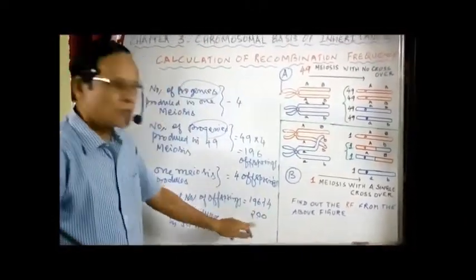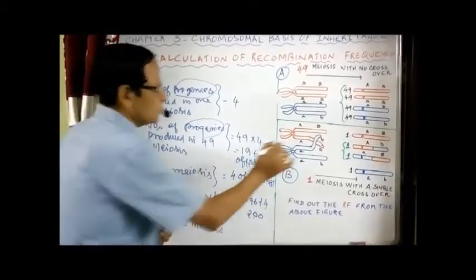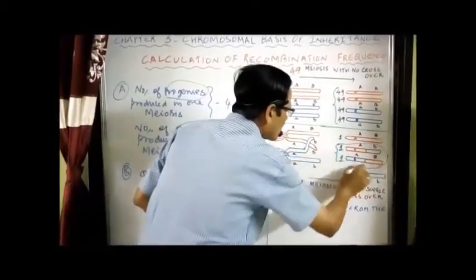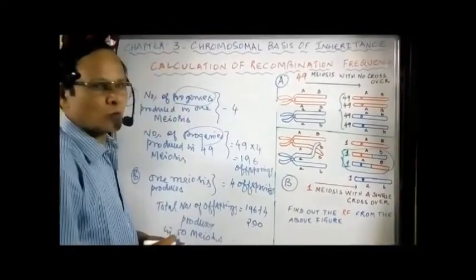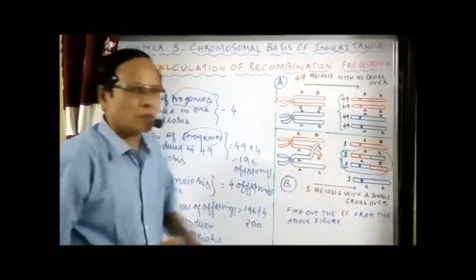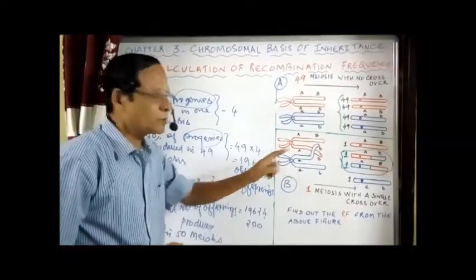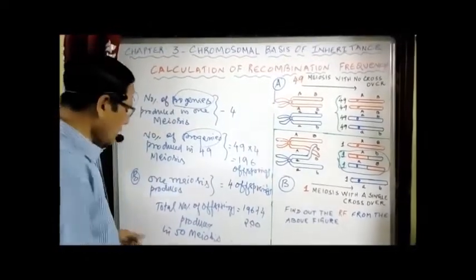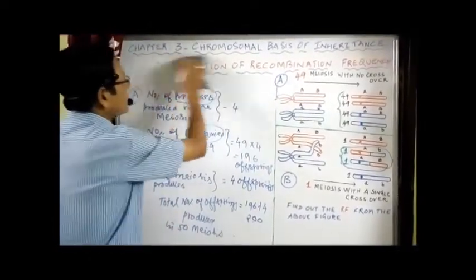Now out of these 200 progenies, you can see only 2 of them are recombinants, 1 plus 1. I represent them in green. So only 2 of them are recombinants. So we have to take the recombination frequency.